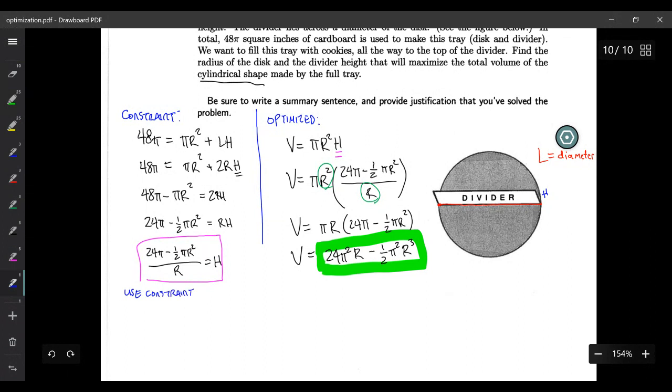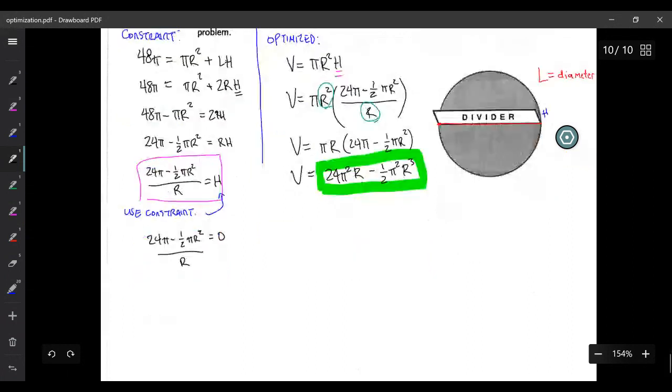I'm going to set this equal to 0. 24 pi minus 1/2 pi r squared over r. So if I multiply both sides by r, 0 times r is still 0. Let's move this term to the other side. 24 pi equals 1/2 pi r squared.